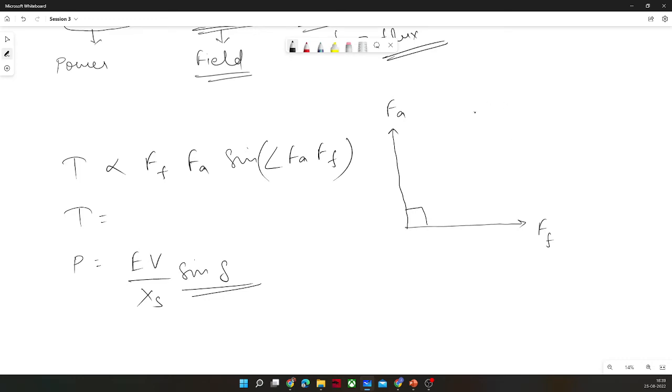So, I will explain this phasor now since I have mentioned it. There would be one resultant. This MMF is due to armature, this MMF is due to field. So one resultant would be this, and this is generally delta.